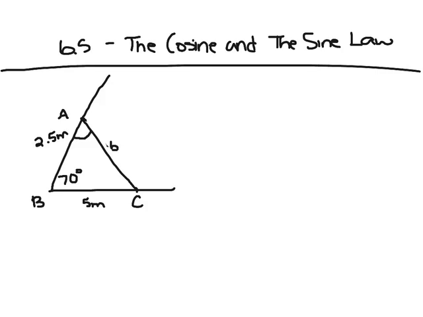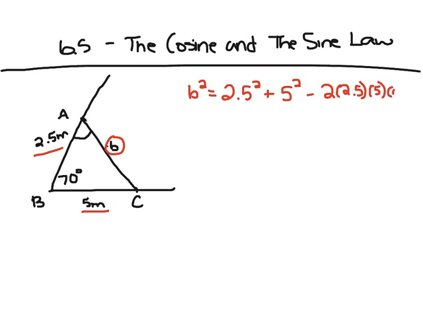So we want to find B squared. B squared is going to be equal to our sides squared, so 2.5 squared plus 5 squared minus 2 times 2.5 times 5 cos of B, which is 70 degrees.